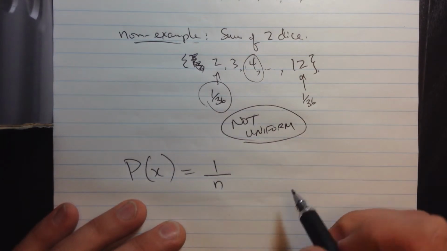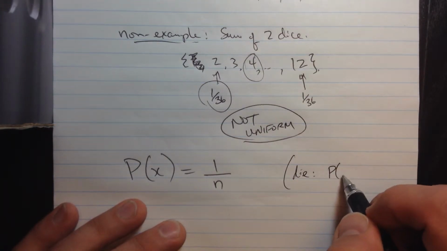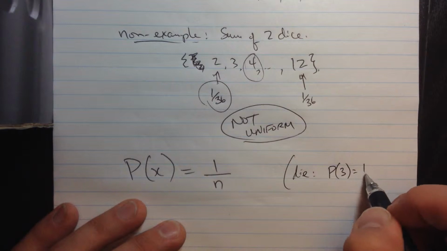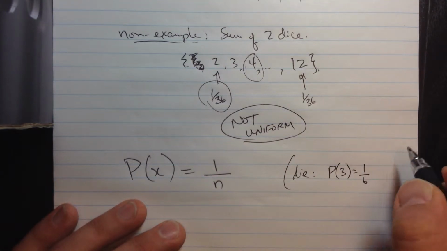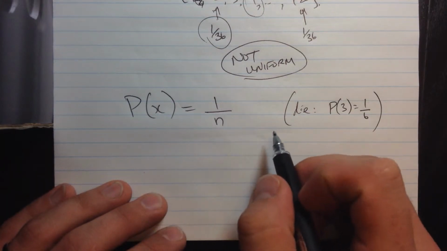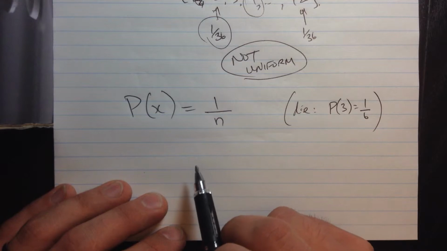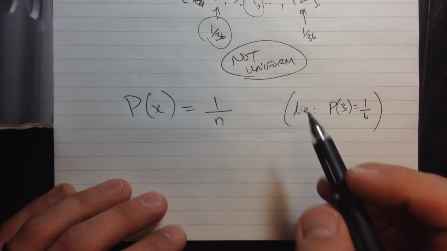Right? So with a die, the probability of a particular value like 3 is 1 over 6. There's 6 values, they're all equally likely, 1 over 6. And you'll notice, of course, that as usual, they add up to 1. You get n of these, n times 1 over n is just 1.